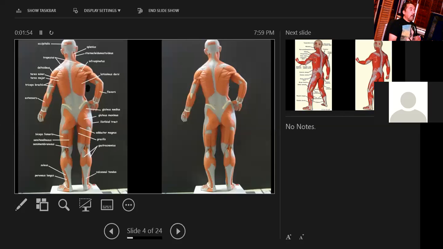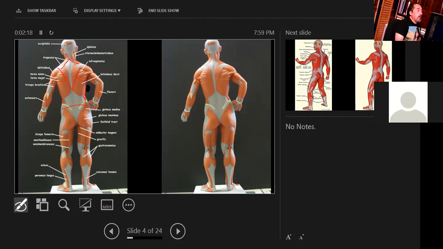So moving on. I'm looking at the upper back. I've got my latissimus dorsi, and my trapezius is still intact. And those are the muscles of the back.